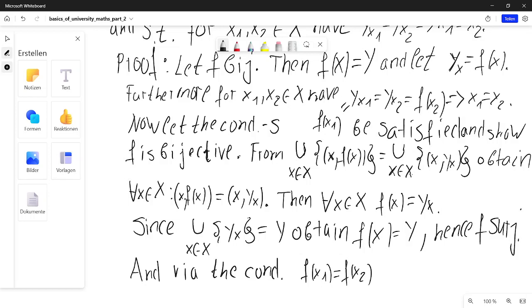Now we have that, right? And that is a big X, big Y, of course.